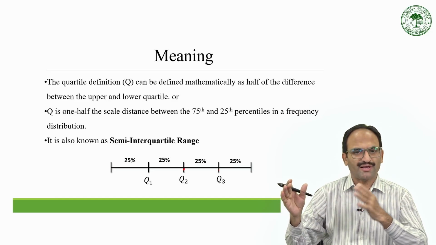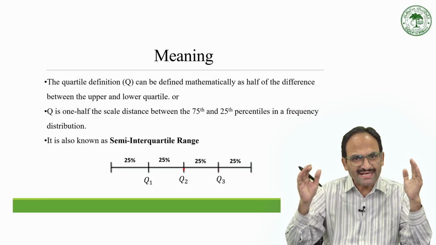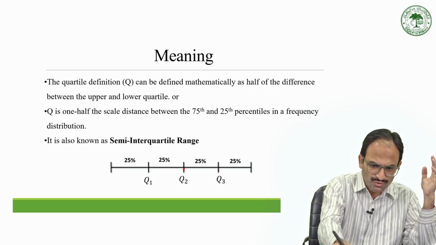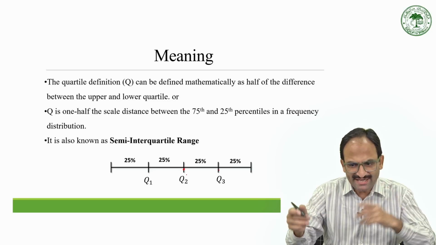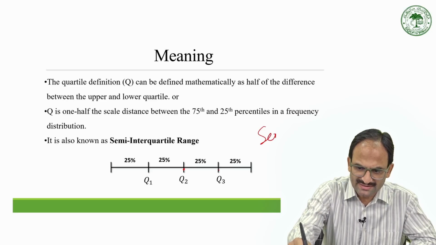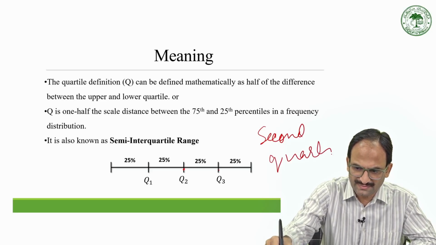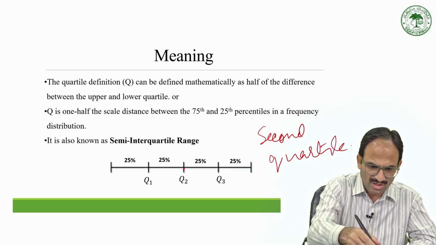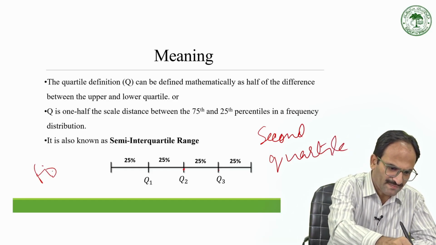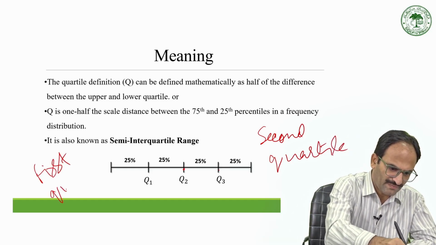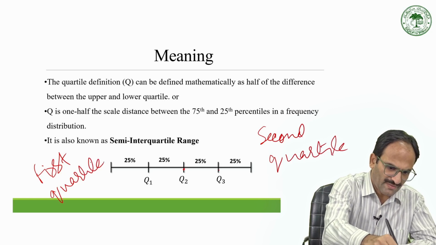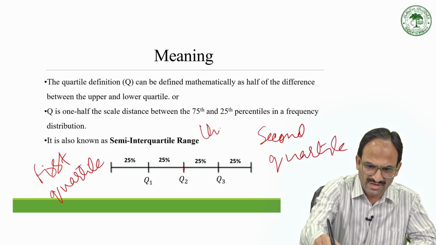upper part. Let me repeat, in any distribution, Q2 is the second quartile, Q1 the first quartile, and of course Q3 the third quartile.